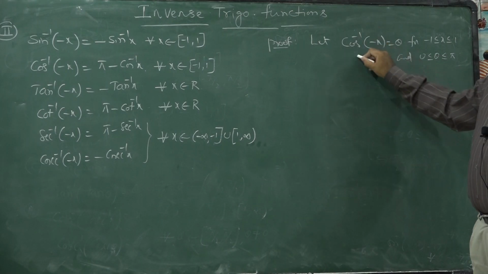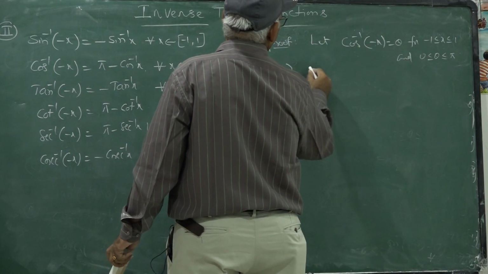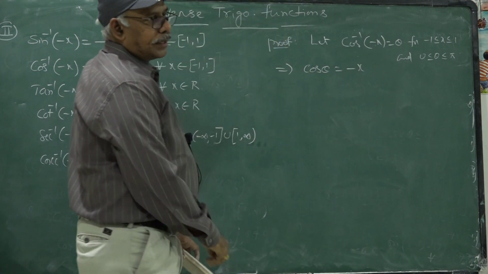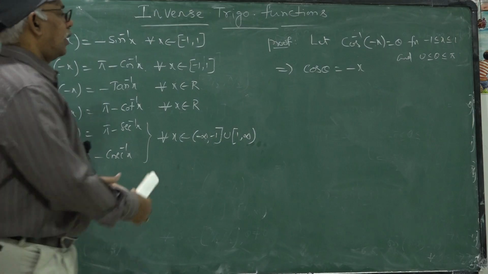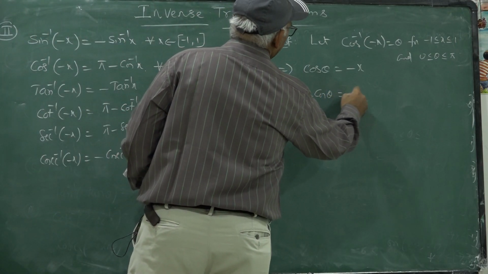So cos inverse of minus x equal to theta, that gives us cos theta equal to minus x, which is minus cos theta equal to x.